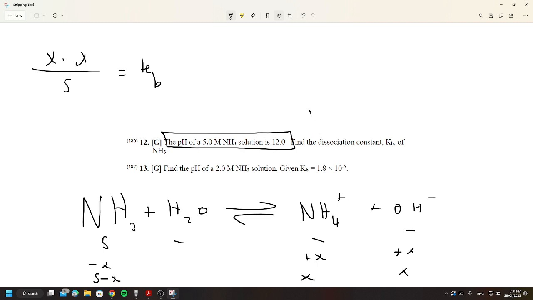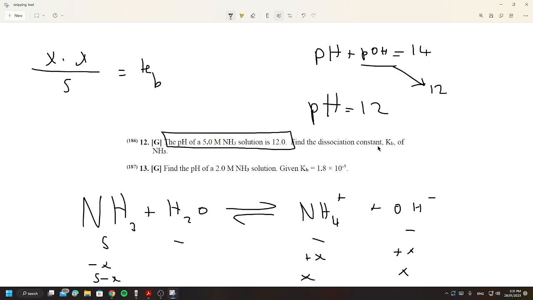So they told us that the pH is equal to 12, right? So we could do what they did in the previous question, which was pH plus POH equals to 14, and then you would solve for POH. So when you do that, you get POH is equal to 12, right?